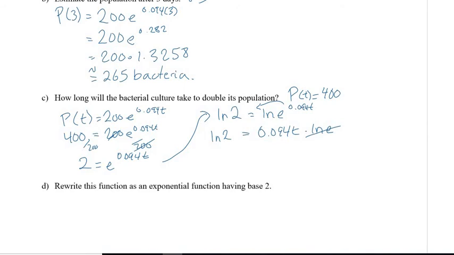So that goes away, and we're left with natural logarithm of 2 is equal to 0.094t. So that's going to be natural logarithm of 2 over 0.094 is equal to t, or t equals 7.4 days. So it's going to take 7.4 days for this bacterial culture to double in its population.